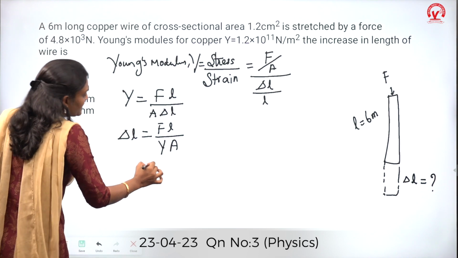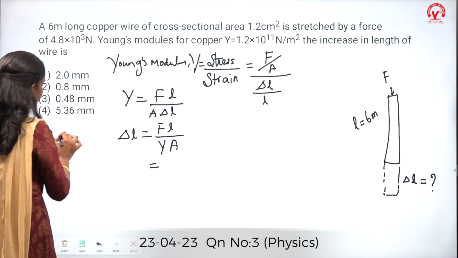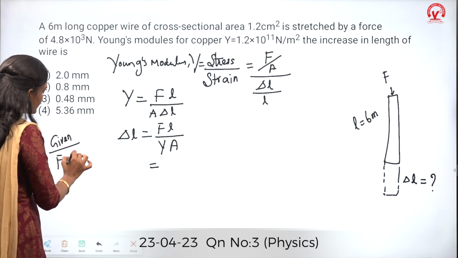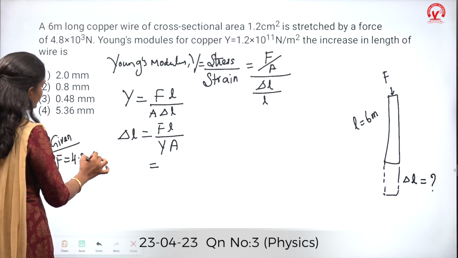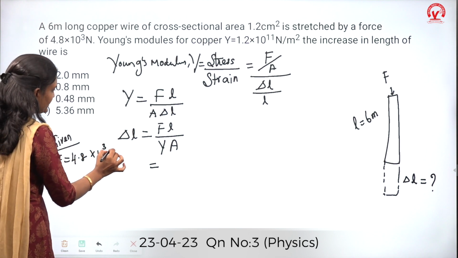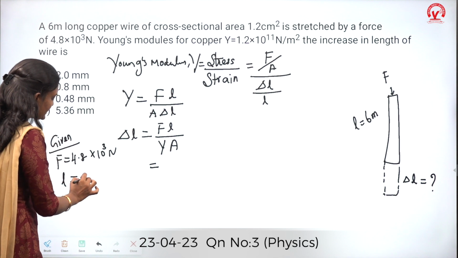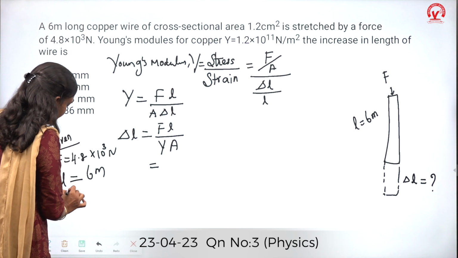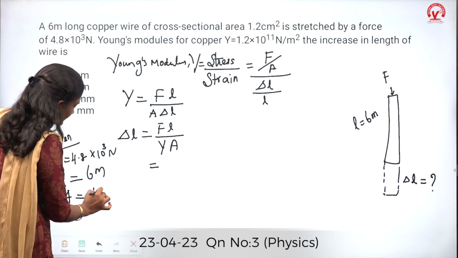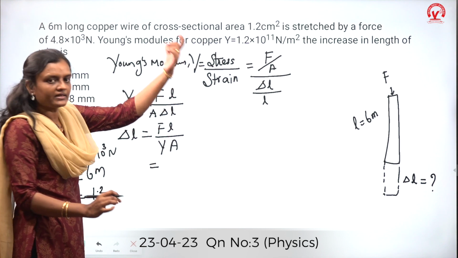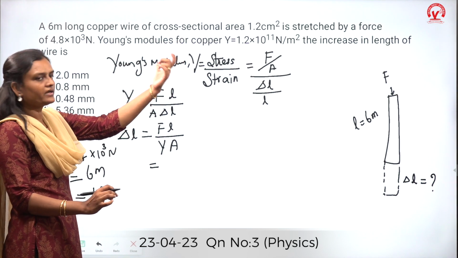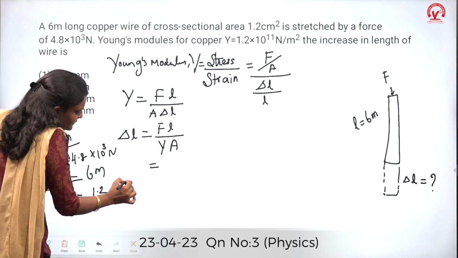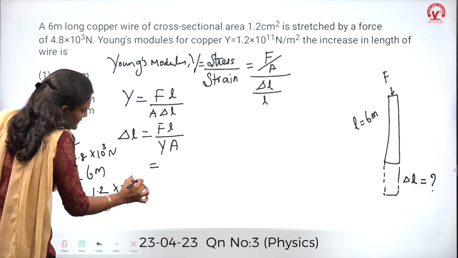Now, what are the given values? Given that force is equal to 4.8 into 10 power 3 Newton, and the original length is 6 meter. The area of cross section is given as 1.2 centimeter square. We need to convert that centimeter into meter, so converting, we represent it as 10 power minus 4 meter square.